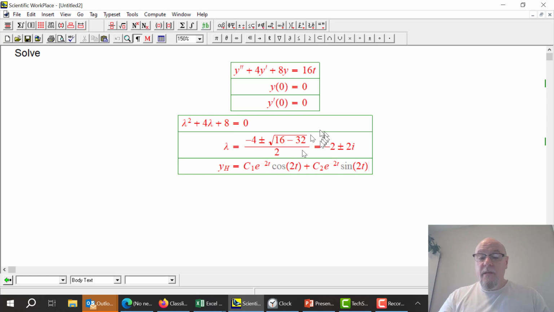So the real part of the eigenvalue goes on top of the exponential with a t. The imaginary part of the eigenvalue goes inside the trig with a t.